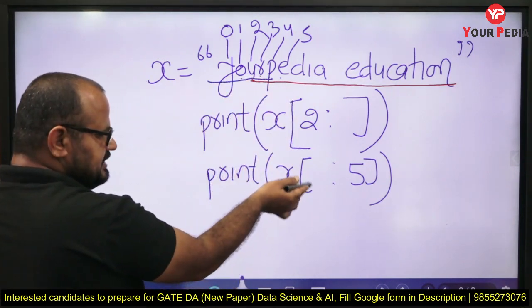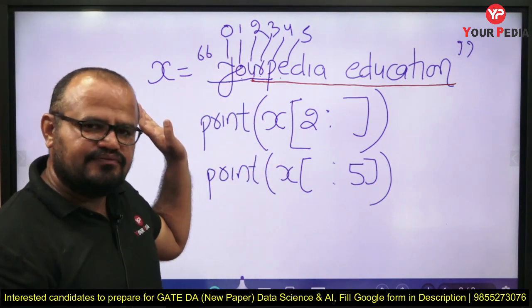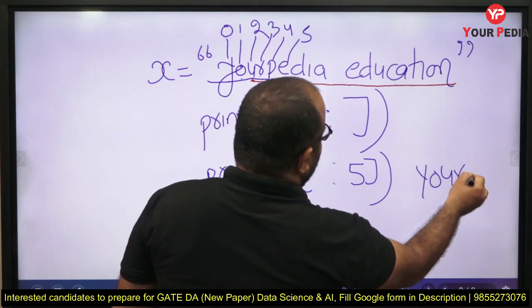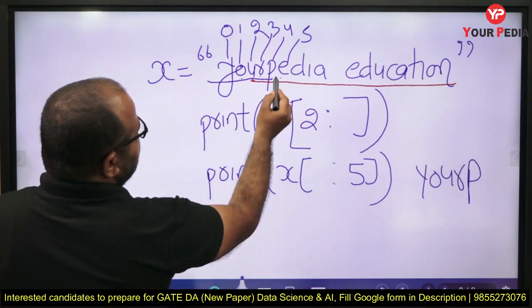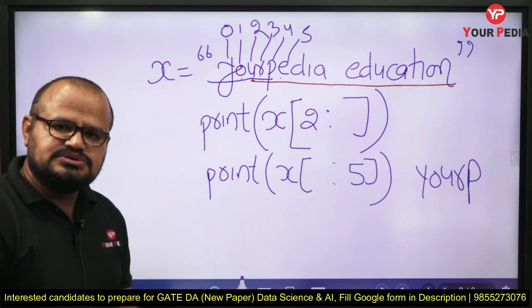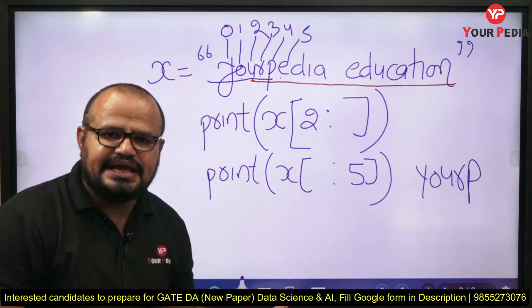Because you are not giving the starting point, it always starts from the start point. It gives you the output YOURP. At index 5 we have E, which is not included. Fine, my dear students. And there is a concept of negative indexing.